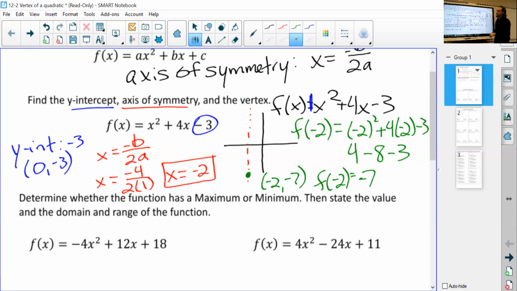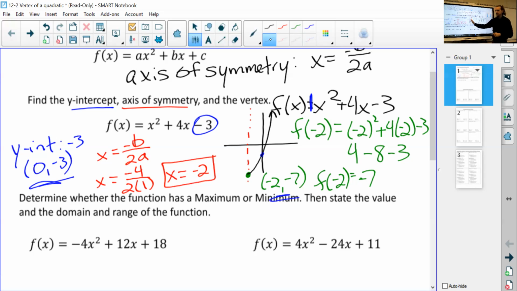Might be a little bit further down than that. What we can do, this doesn't ask us to, but if we have these 2 points, our y-intercept and our vertex, if we plot both of those, we can get a pretty good idea of what our graph should look like. Because I know that this is going to go up like this forever.